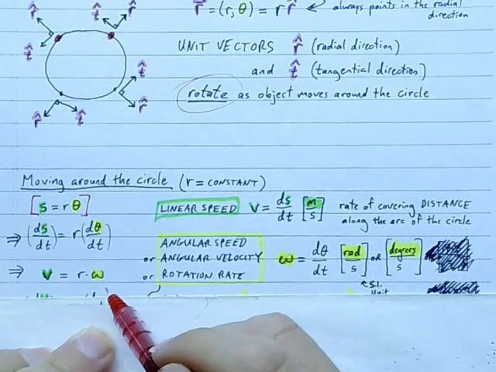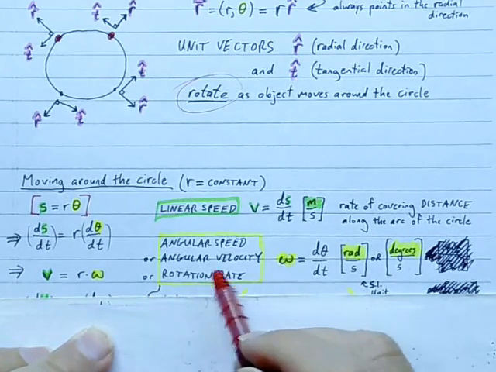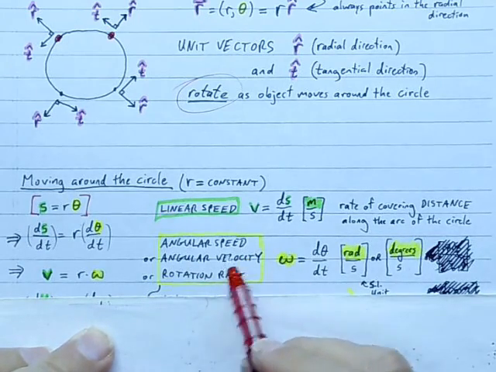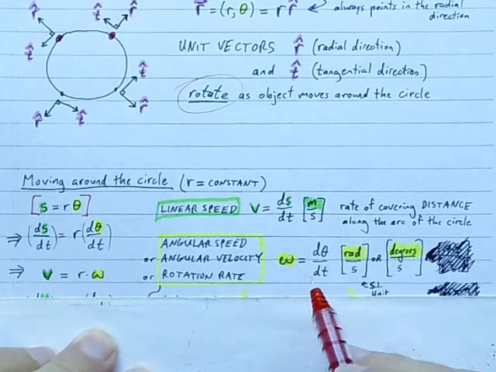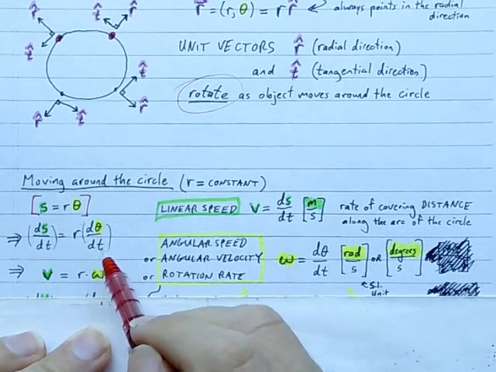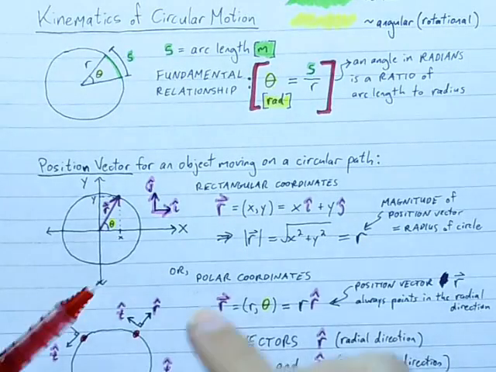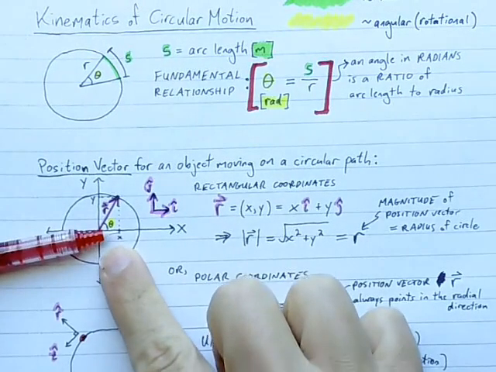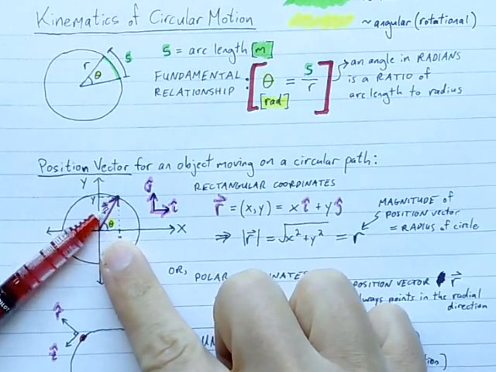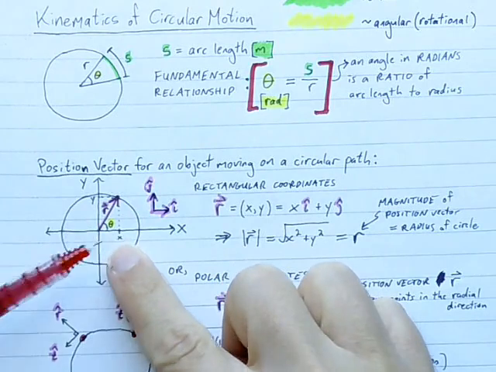Omega here, the Greek letter omega, this sort of curly w, is known by many names: our angular speed, angular velocity, or our rotation rate. And it's defined as d theta/dt, the instantaneous rate of change of angle. So it's the instantaneous rate at which this angle here is increasing. If you're moving counterclockwise around that circle, angle is getting bigger over time.